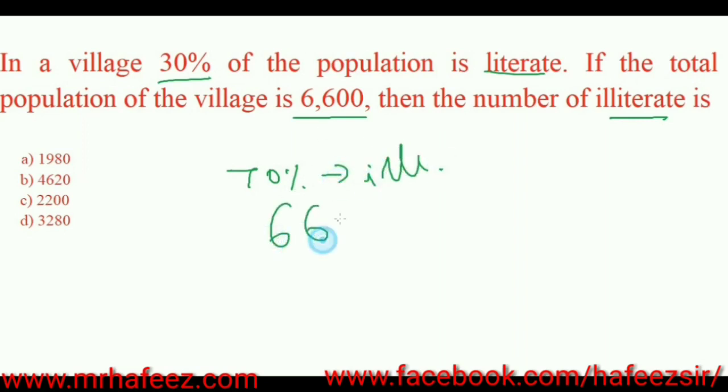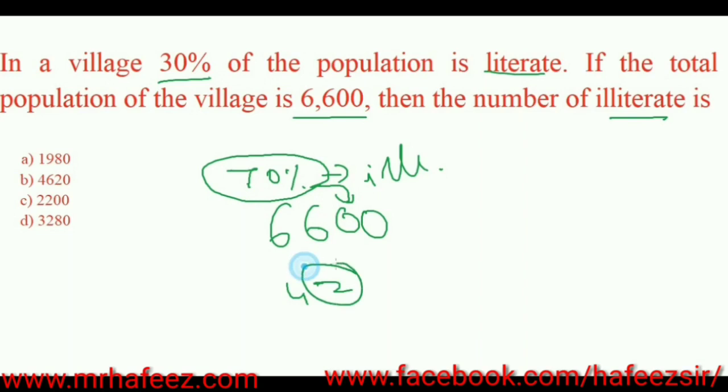And the total population is 6,600, so you need to find 70% in terms of 6,600. 7 sixes how much? 42, the last 2. So the answer is B, 4620. So this is the smart way.